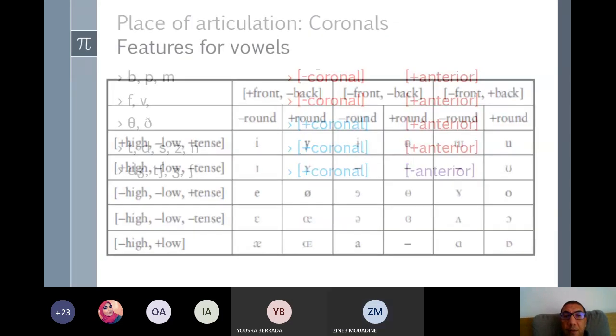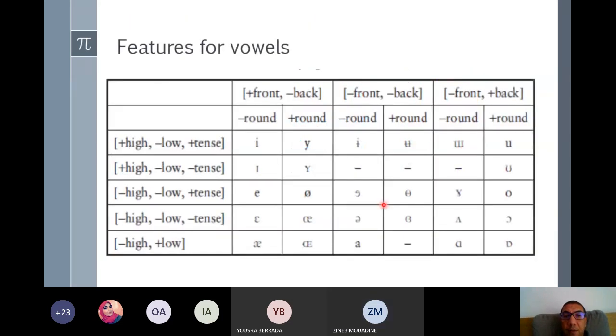Next, how do we characterize the vowels, especially English vowels and other vowels? It is with the features plus high, minus high, plus low, minus low, plus tense, minus tense, and sometimes plus front and minus front.